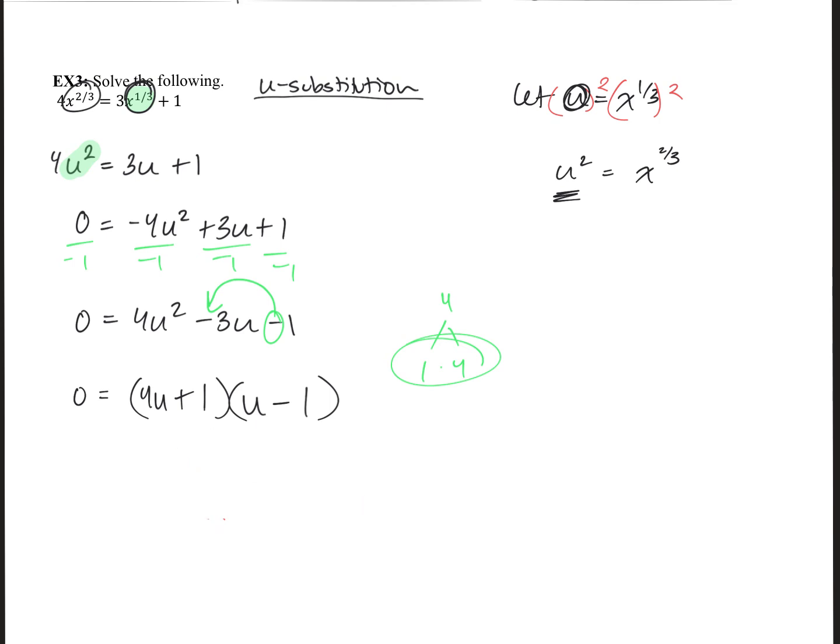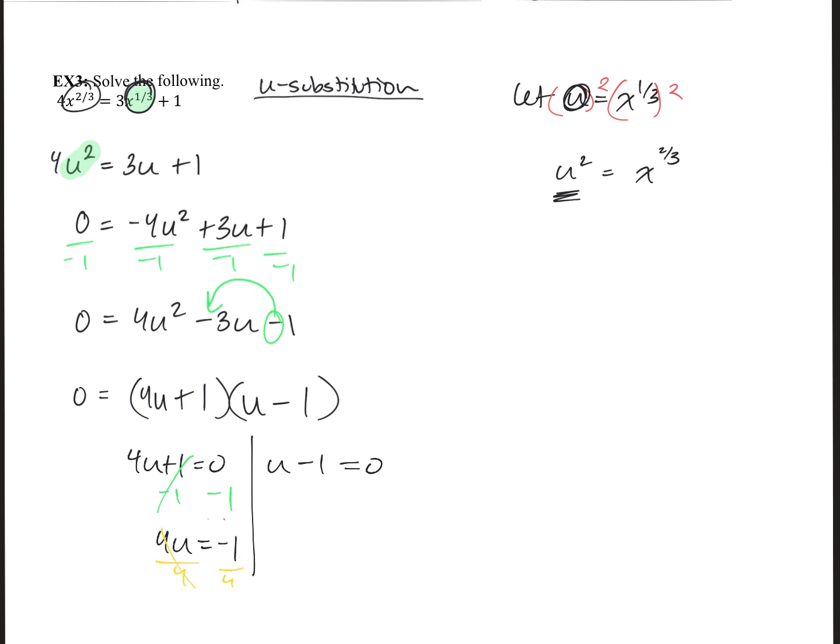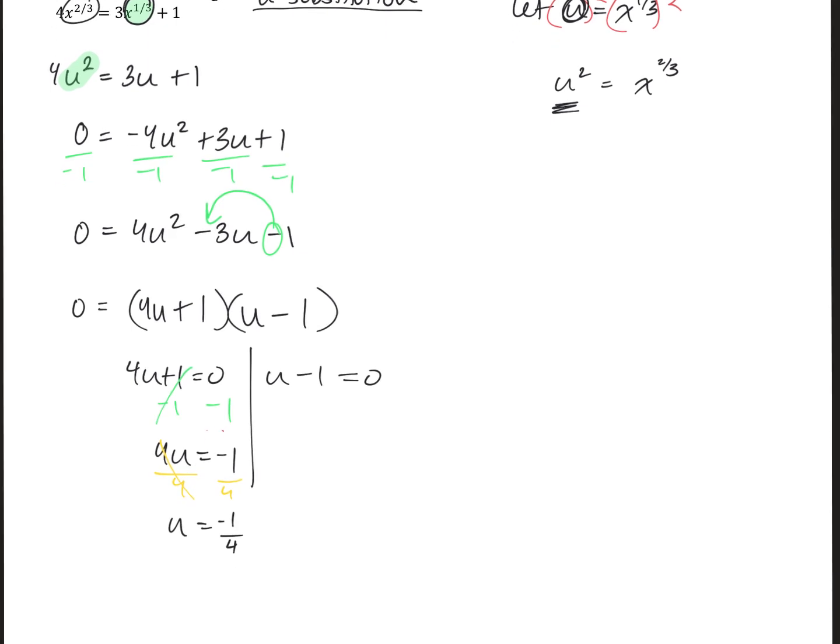Okay, well, let's go ahead and set these equal to 0 and solve. 4u plus 1 equals 0. u minus 1 equals 0. Subtract 1, I get 4u equals negative 1. Dividing both sides by 4, I get u equals negative 1 over 4. Next side, add 1 to both sides, and I get u equals 1.